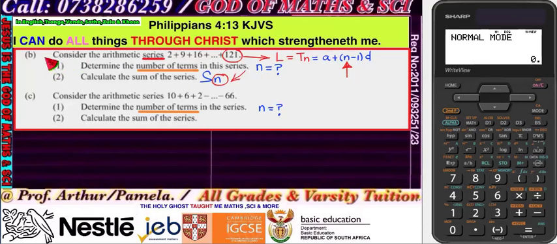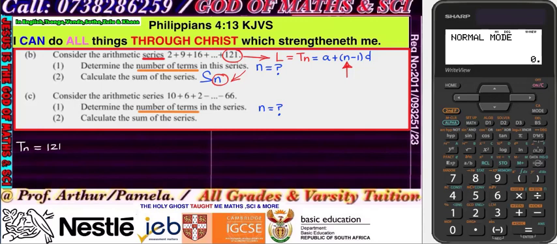So let's answer B. Because the question says determine the number of terms, meaning we are to find n. So I'm going to write T subscript n, which is the last term, which is actually 121.